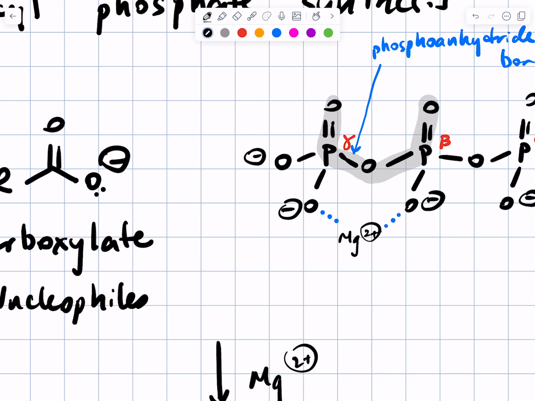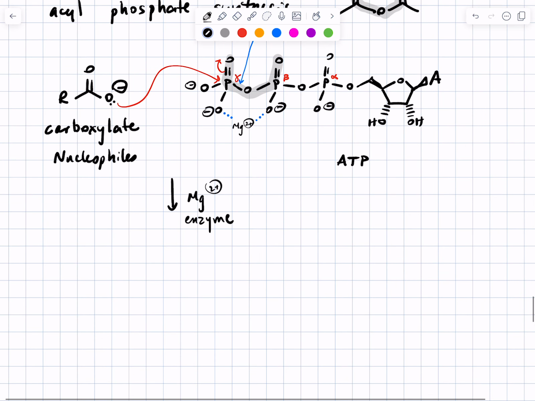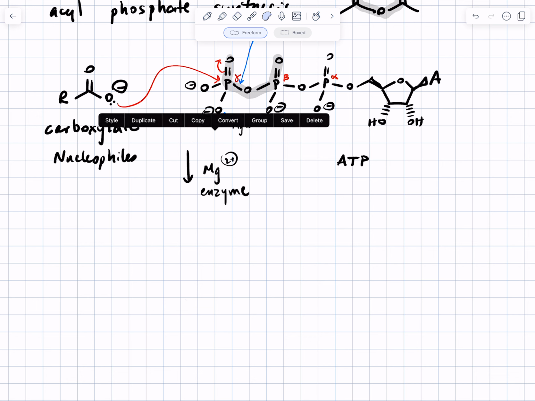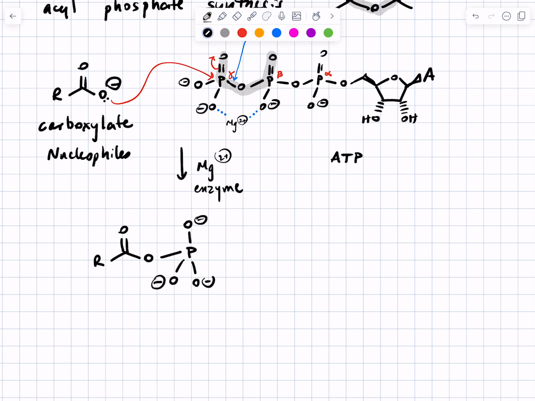Magnesium probably bonds to or chelates with those negatively charged oxygens. You attack the phosphorus. You get something analogous to a tetrahedral intermediate. I'm going to draw that for you here, though we are going to abbreviate. It's not a tetrahedral intermediate because look at that phosphorus. It's bonded to, count them, 5 oxygens.